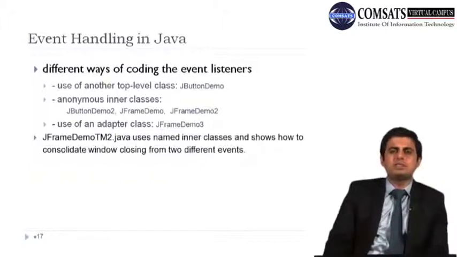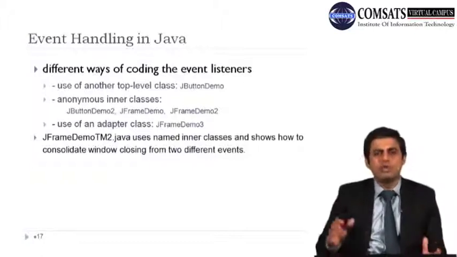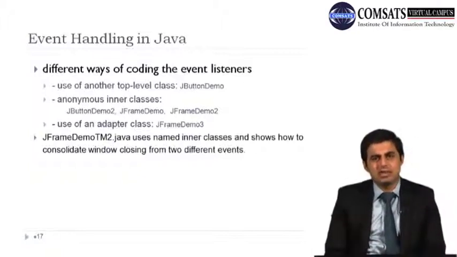An anonymous thing is also beneficial sometimes when you are implementing data hiding, and you don't want other classes to look at that class, or you don't want other methods to access that method.